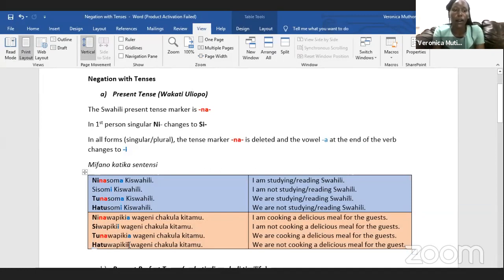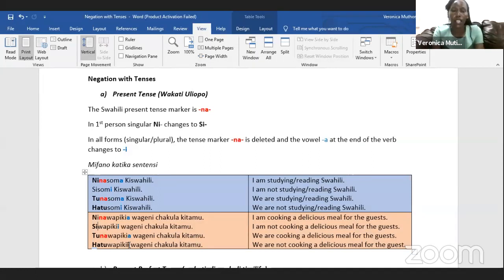So when you want to negate this sentence, tunawapikia wageni chakula kitamu, it will be hatuwapikii wageni chakula kitamu. So the secret here is mastering the prefix that is symbolizing the present tense marker, which is na. And then also something else very important to note when you're negating in the present tense is that ni, that is the first person singular, will change to si.